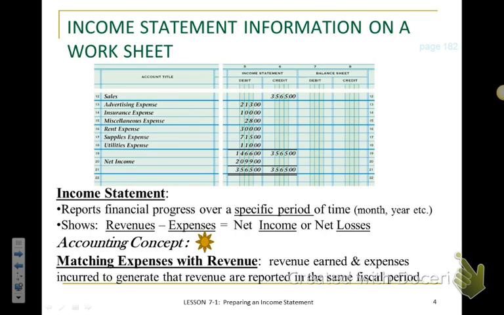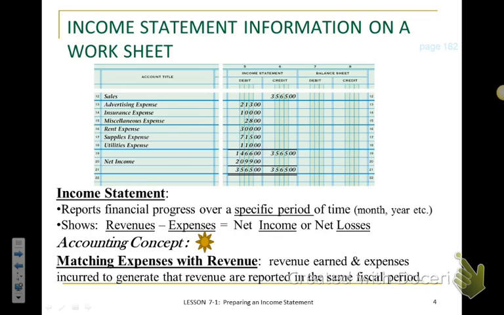And we know that that's somewhat simple when we've got a company that sells retail products, like you go to Target, they buy inventory, they sell it. Pretty simple to figure out how to match those revenues and expenses. More difficult when you have something like a bridge construction or a road that's being built or a building that's being built or an airplane that's being built, where it's taking a longer period of time.